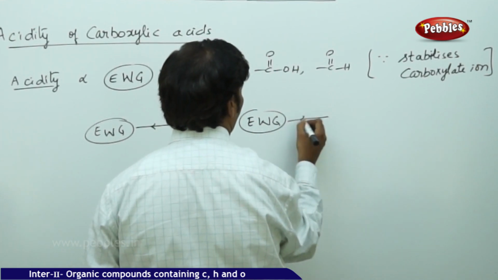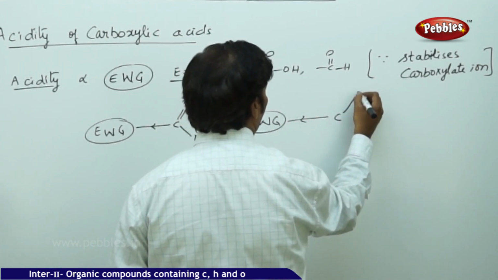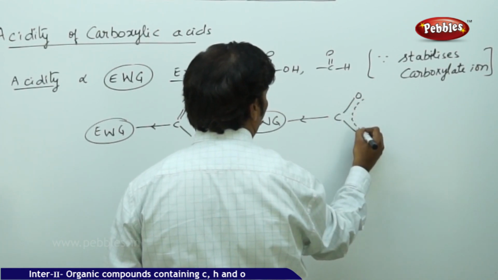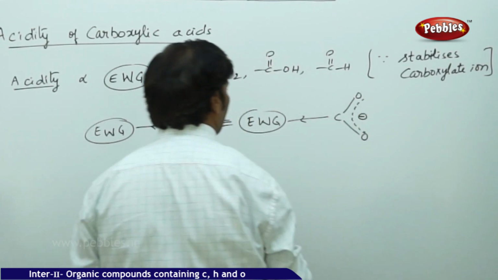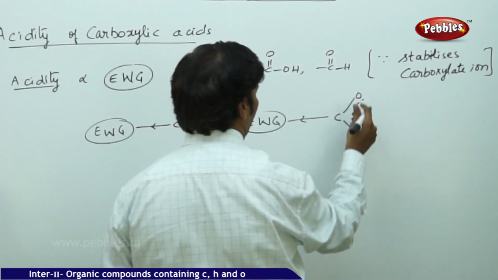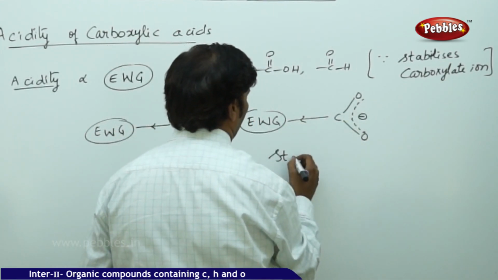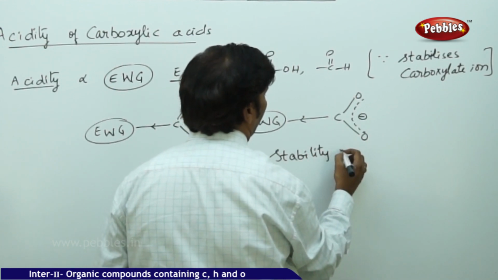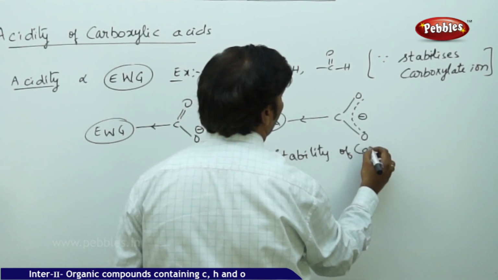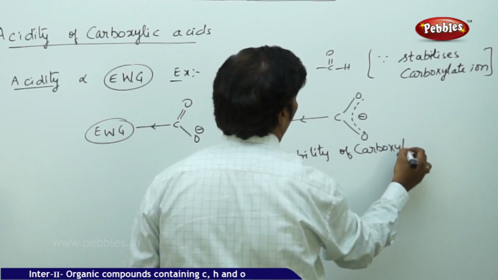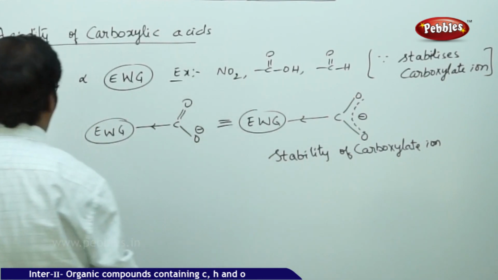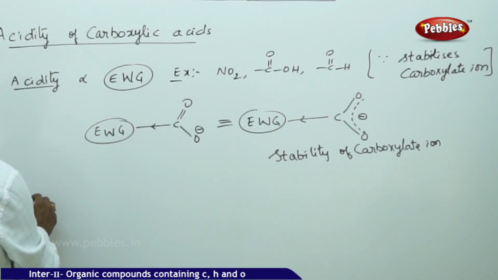What is happening here is it stabilizes both the oxygens with the negative charge. You can see a negative charge, so this is stabilizing the carboxylate ion. Stability of carboxylate ion.